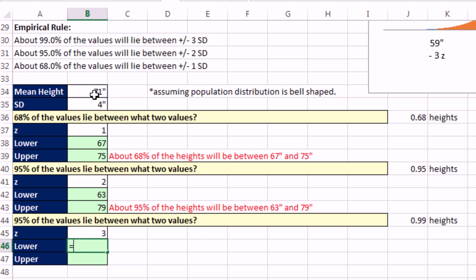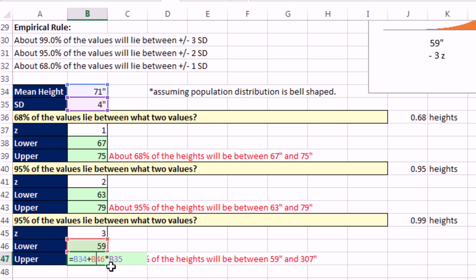I'm still taking the 71 inches minus 3 standard deviations times the 4 inches. So 59 inches is the lower. The upper is 71 plus 3 times 4 inches. So about 99%, or basically all the values, we would expect to find between 59 inches and 307.